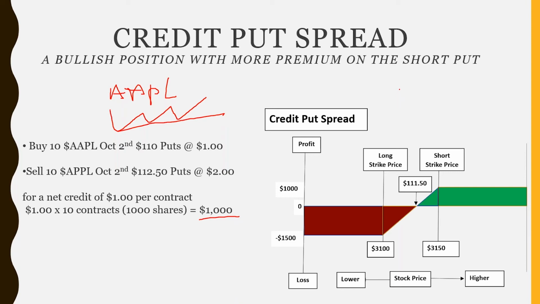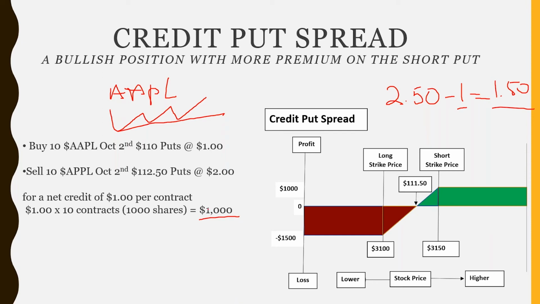The spread is the distance between the buy and the sell, which is $2.50. We minus the premium that we collected, and it's equal to $1.50. Our risk is $1.50.